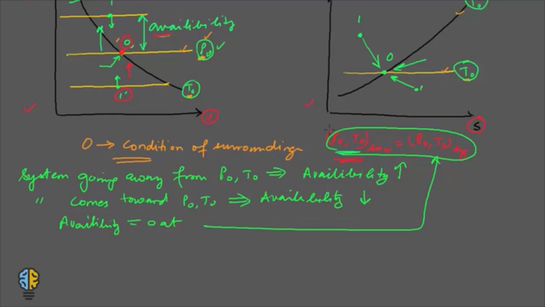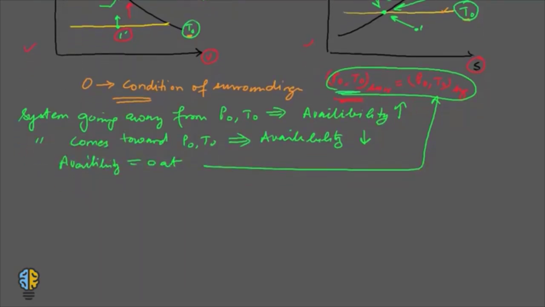The system and the surroundings must also be in chemical equilibrium, that is, there should be no chemical reaction or mass transfer between system and surroundings. So there is one more thing.